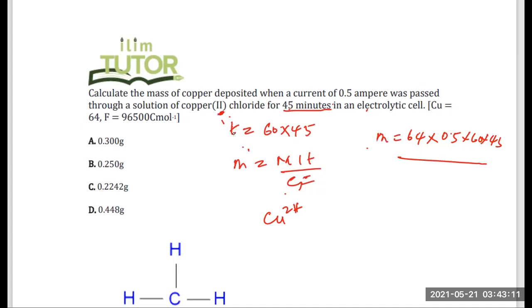If it were copper 1, then the charge would be 1, but since it's copper 2, it's going to be 2. So that will just be 2 times the Faraday, 96,500. We could solve this easily by using our calculator. If I do that, I'm going to have 0.448. So that gives us option D as our answer.